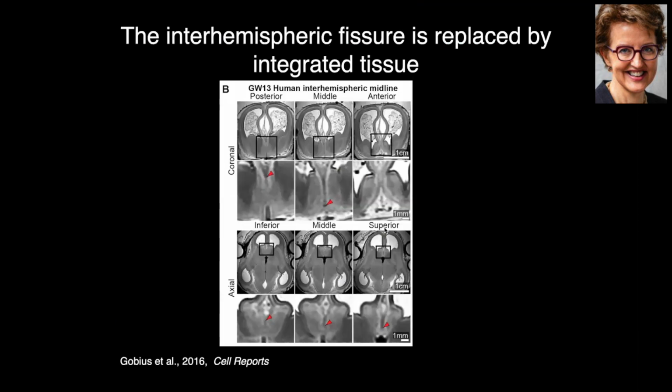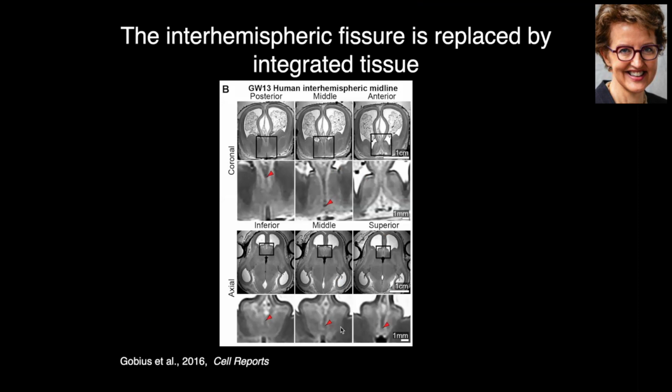This is MRI imaging using our 16.4 Tesla small bore scanner at the Centre for Advanced Imaging at UQ. This is a human gestational week 13 fixed brain, and this is the one brain looking at different angles.